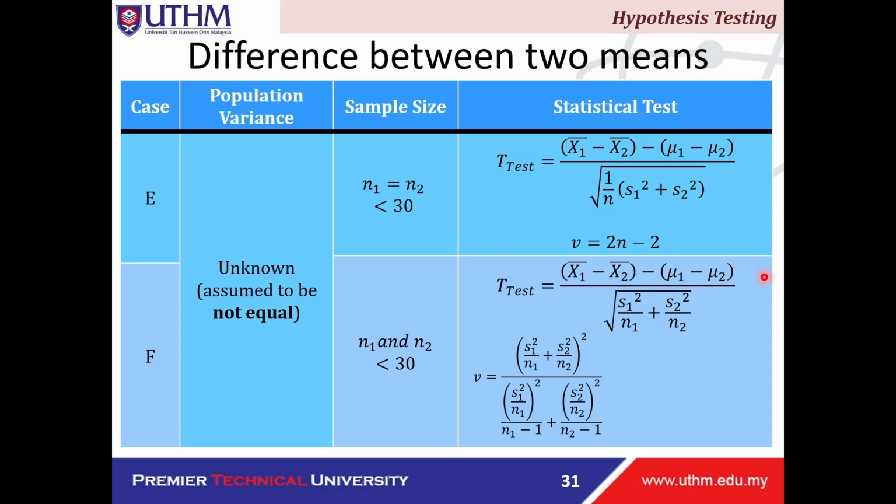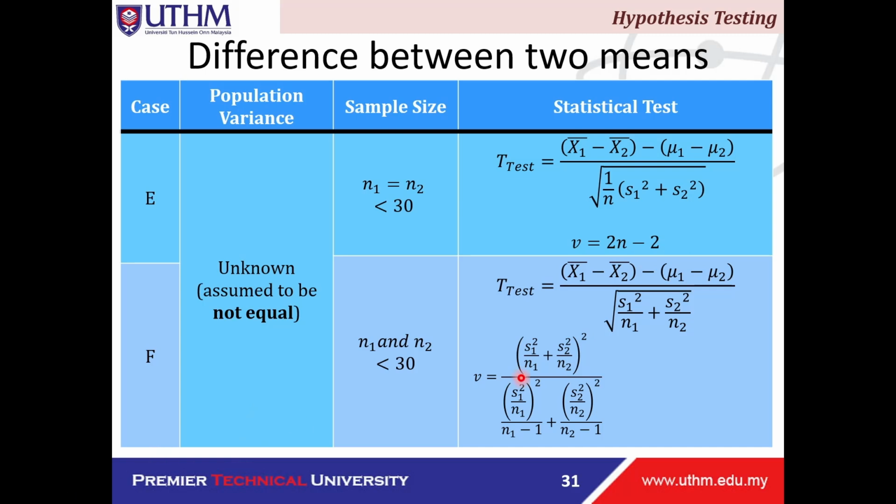So actually the general formula will be like case F. In case F, where the sample size is less than 30, we use a t-test and t-distribution. If the variances are unknown and assumed to be not equal but both sample sizes are greater than 30, then the t-test is replaced by the z-test. So the same formula here.